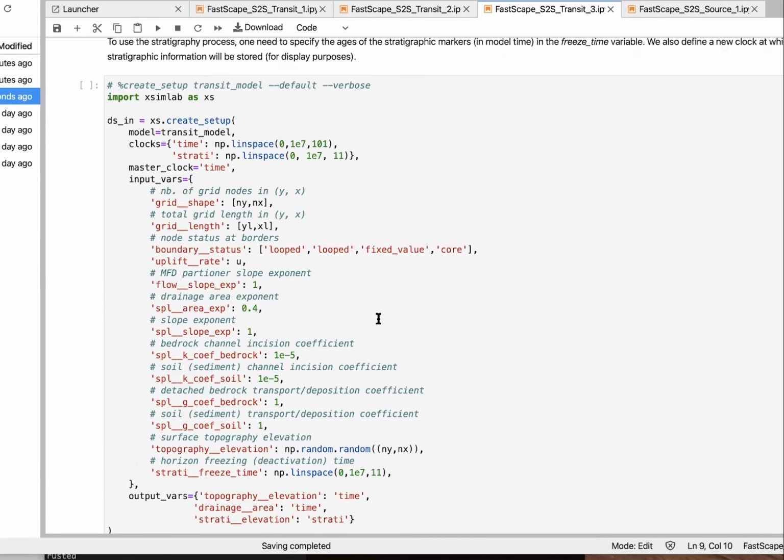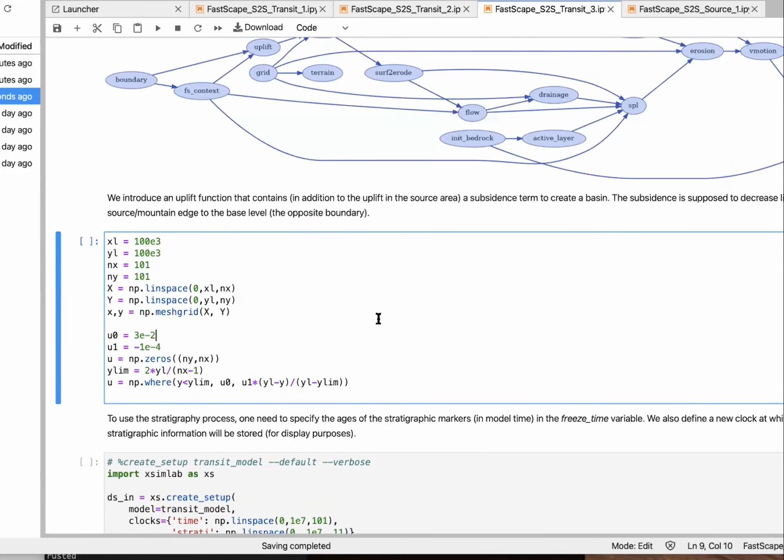And finally, because now I want to create a basin, I'm going to make still my little source there on one side, this one row of everything, but I'm also going to make the basin subside. And this is this line here. Now I'm going to have a negative uplift. A negative uplift is subsidence.